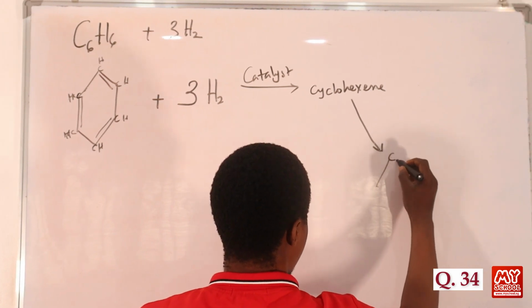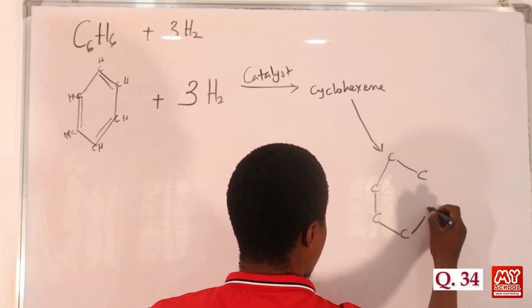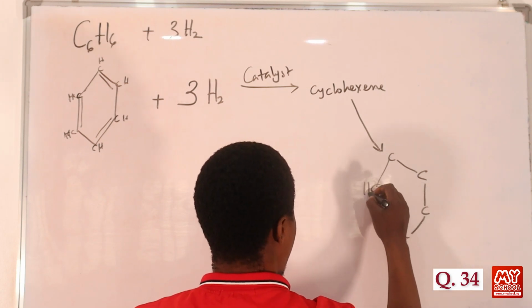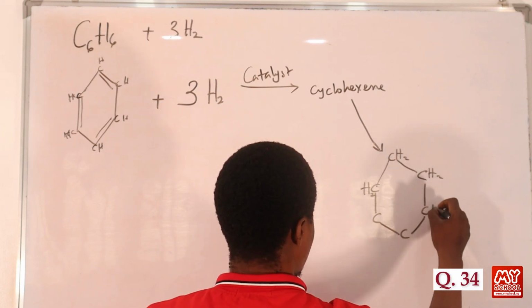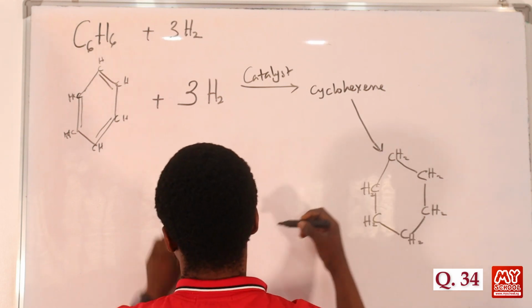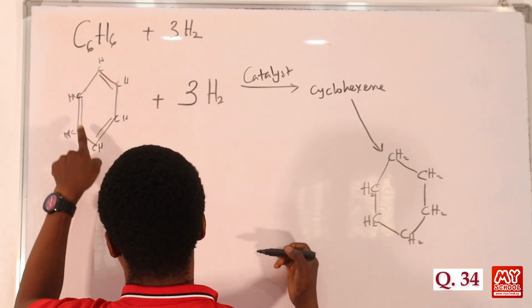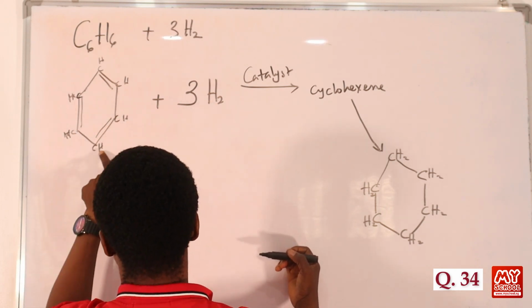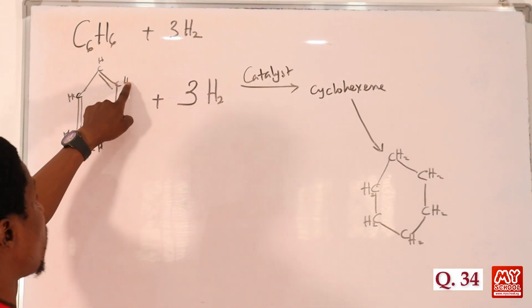We have carbon here, carbon here, carbon here, carbon here, and then we have hydrogen, H2, reacting so that eventually the double bond that is here is off, and then 1 hydrogen comes here and another comes here. This double bond is broken, we have 1 here, 1 here. This double bond is broken, we have 1 hydrogen here, 1 hydrogen here.